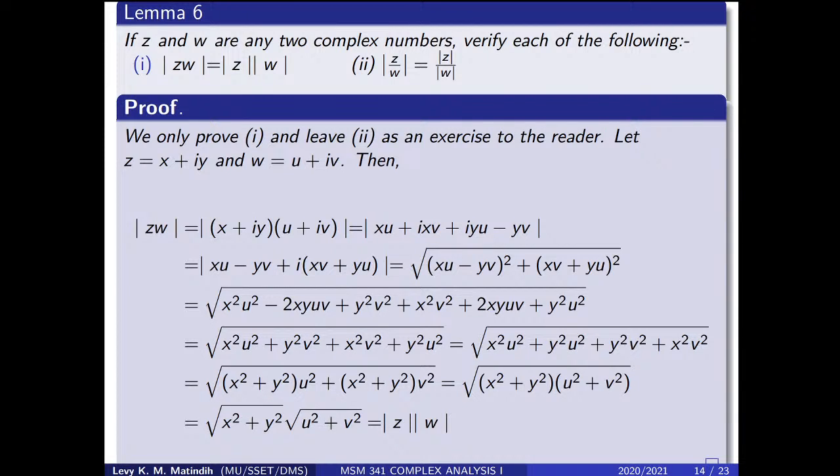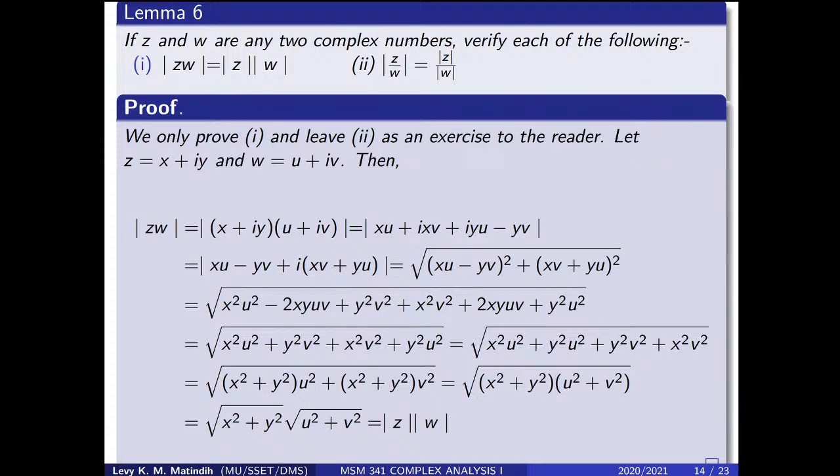Now, using the definition of a modulus, the modulus of this is just equal to the square root of the sum of the square of the real part and the square of the imaginary part. In this scenario, the real part of the product is xu minus yv, and the imaginary part of the product is xv plus yu.